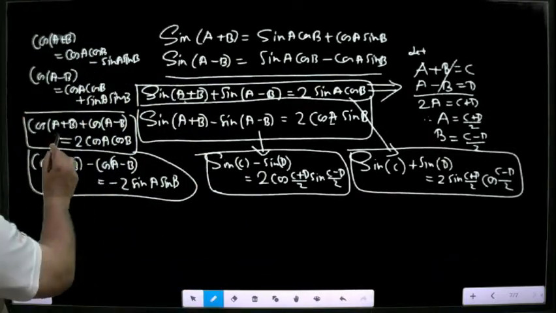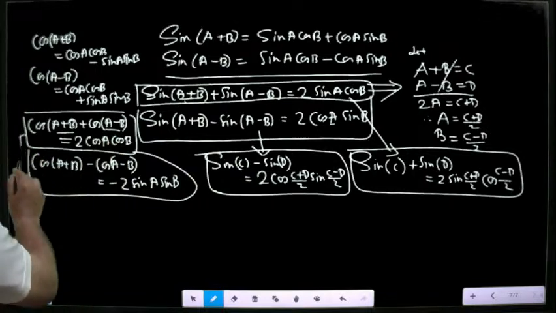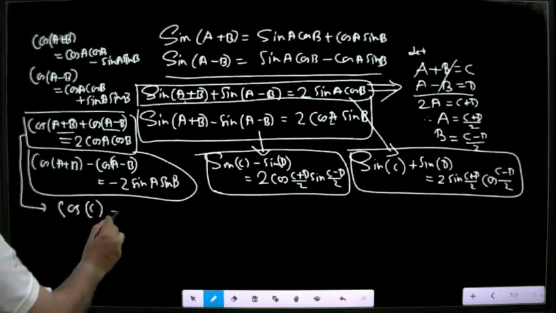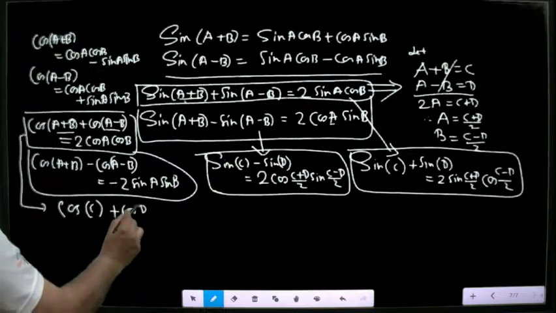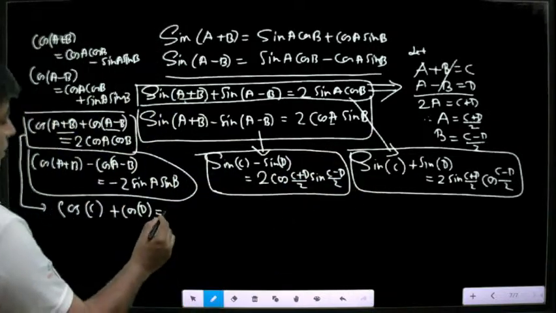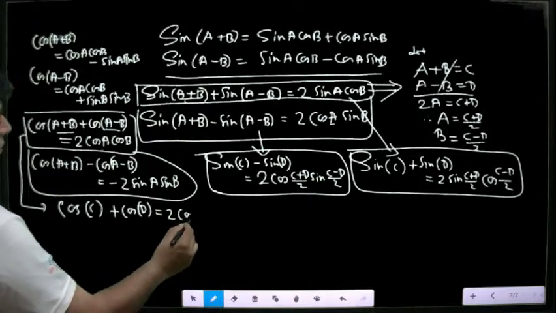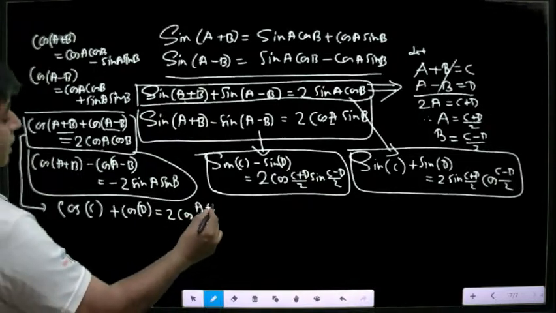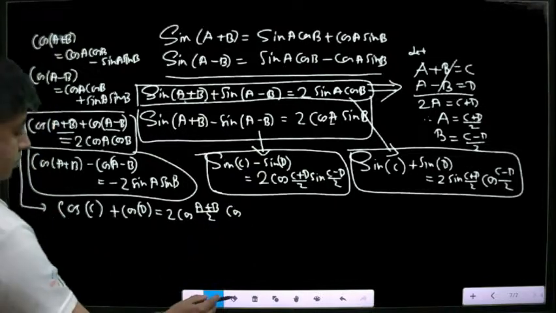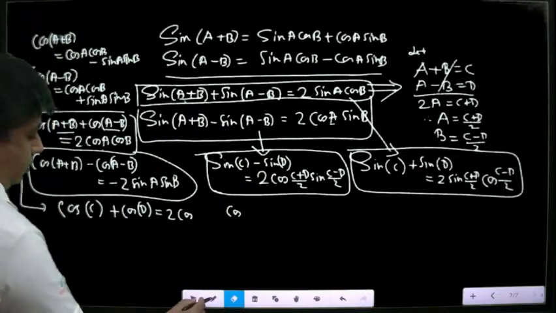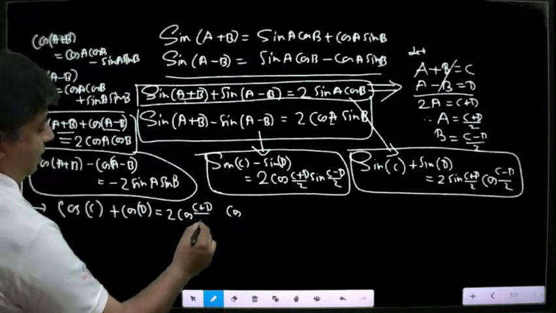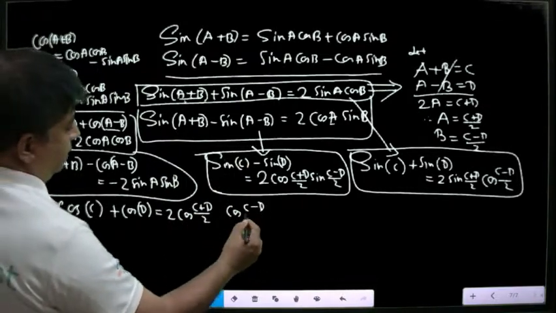Here in place of this you put cos C plus cos D. 2 cos A is what? 2 cos ((A plus B) by 2). Sorry. 2 cos A means 2 cos ((C plus D) by 2) cos ((C minus D) by 2).